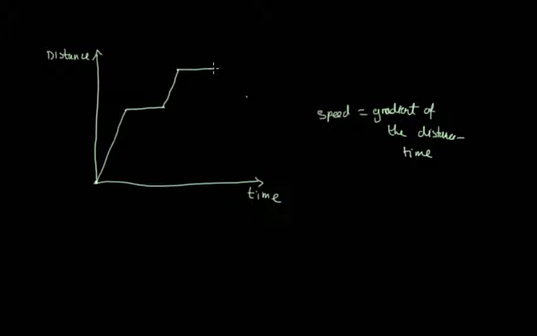And then if we go down, this indicates when the object is moving back towards the starting point. So the distance here is the same as the distance here. We've moved away and now we've moved back.